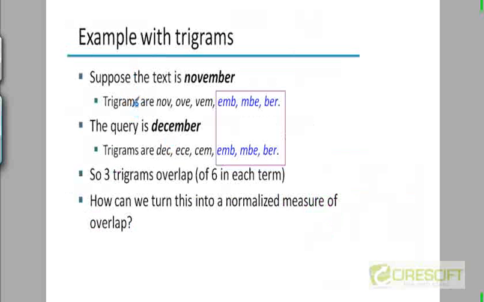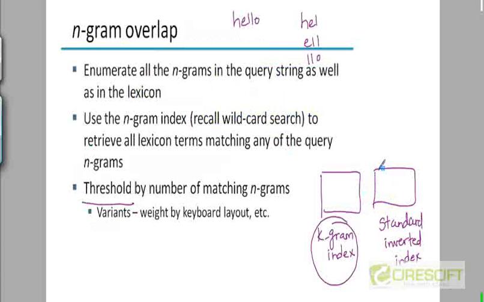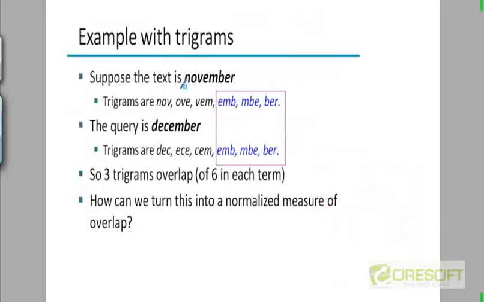So here's an example. Let's work with a trigram index. Suppose there is a term in the standard inverted index. So if we look at the dictionary of the standard inverted index, let's say we look at a term like November.